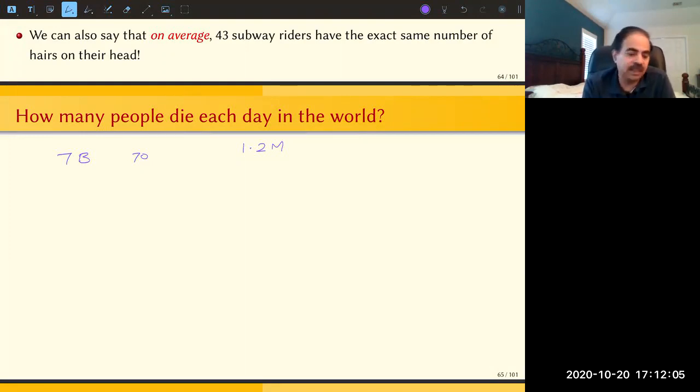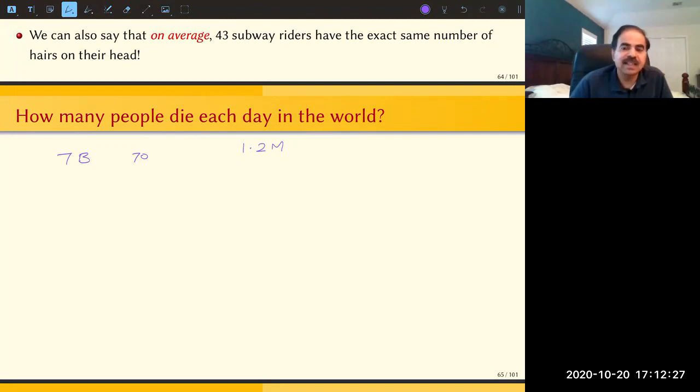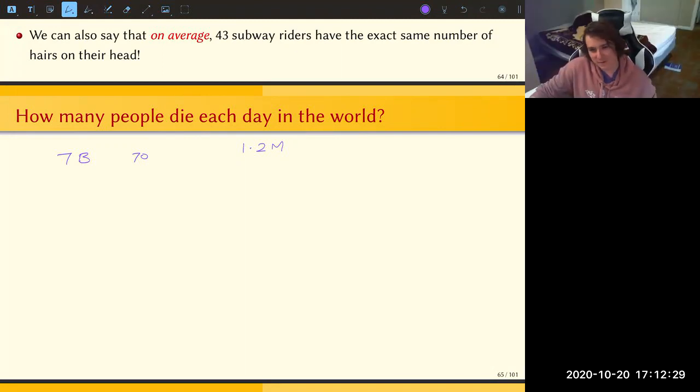So given these 2 pieces of data, what can we say about the number of people that die every year? I guess it's all the people who turned 70 that year, but I'm not sure what percent of the 7 billion that would be.